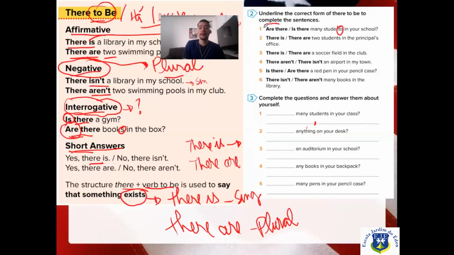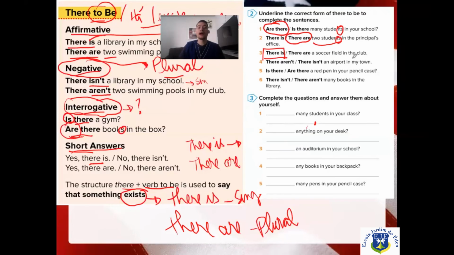So are there many students in your school? 2, there is or there are 2 students. 2 students, singular or plural? Plural form, there are 2 students in the principal's office. 3, there is or there are a soccer field in the club. Plural or singular? It's singular form, so there is a soccer field in the club.